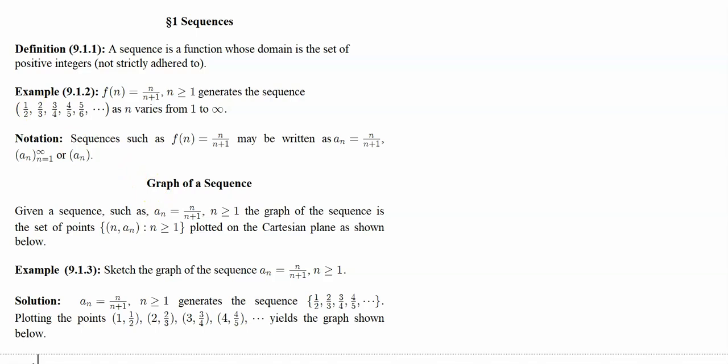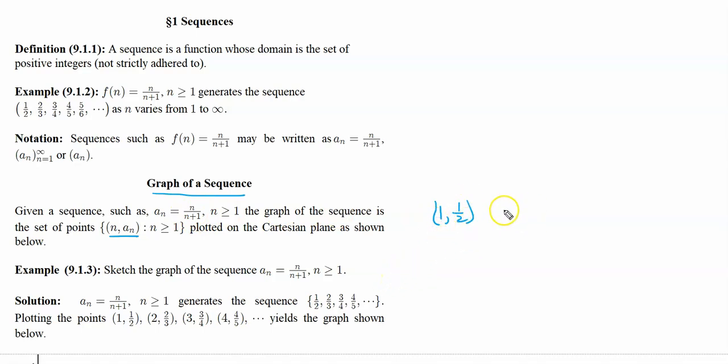Now let's take a look at what we mean by the graph of a sequence. If we're given a sequence like the one we just looked at, n divided by n plus 1, for n being an integer bigger than or equal to 1, then the graph of the sequence is merely the set of these points plotted on the Cartesian plane. If n is 1, then a of 1 is 1/2, so we plot that.